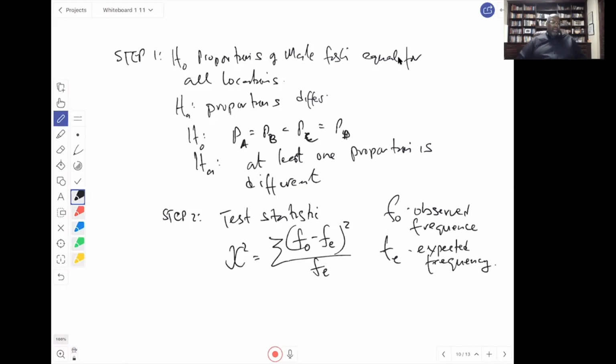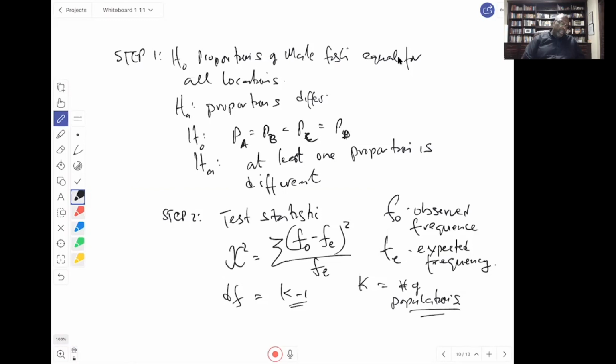Right? And then we need degrees of freedom. The degrees of freedom is k minus 1, where k represents the number of populations. In this case, we have k equal to 4 for our problem.